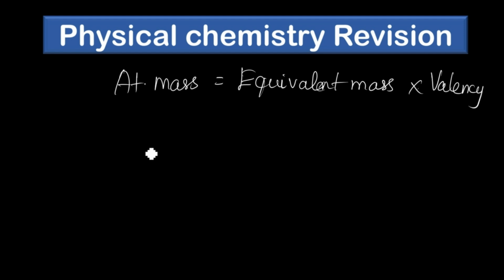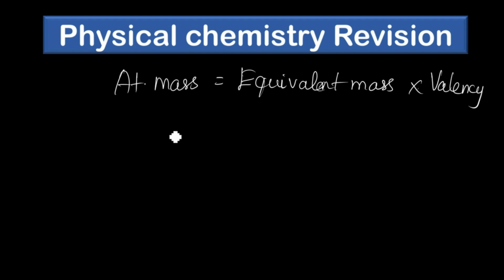What is equivalent weight? If it is an acid, it is how much hydrogen it can donate. If it is a base, how much OH minus it can donate, or it depends on the charges also. So the atomic or molecular mass is divided by these factors for acids, bases and salts. That is what the equivalent weight is.